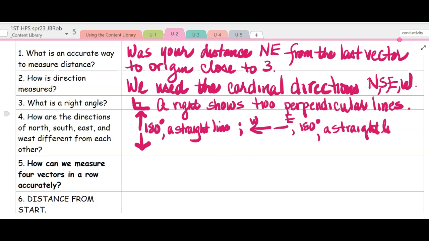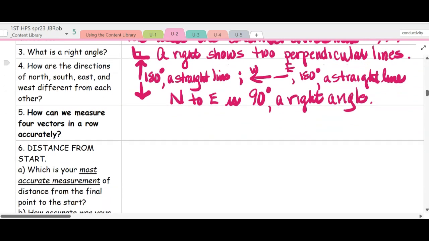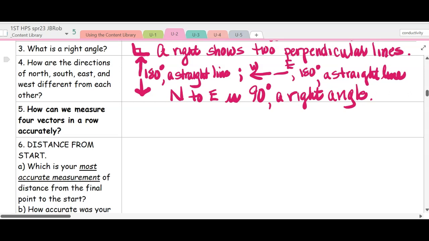But when you go from north to east, that's 90 degrees, a right angle. Same with east to south, south to west. So we were using that idea of north to east being 90 degrees. And I gave you the list of vectors so that you would be making that 90-degree angle fairly easily.